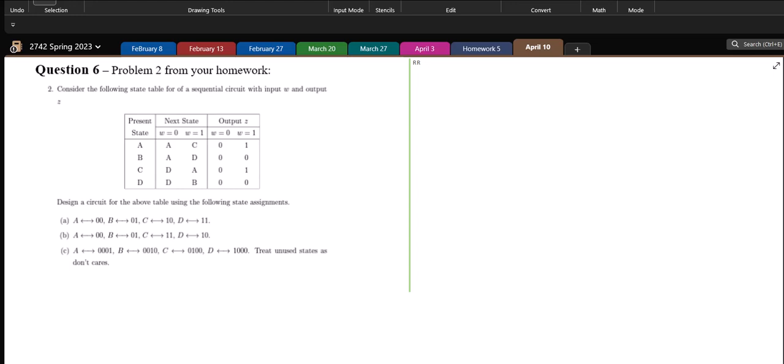Okay, so first we're going to rewrite our state table using our assignments, and I'm going to also just label them. I have for A and B, it's 2 bits. I'll call them Q1 and Q2. And then we have our next state.